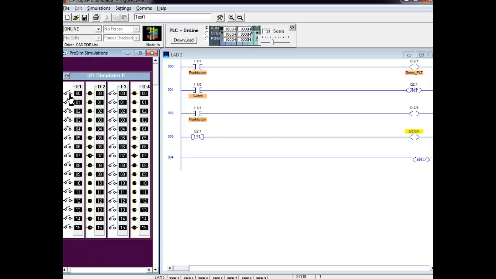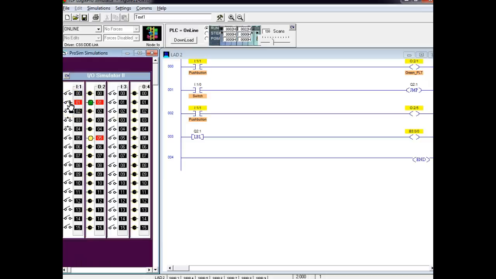So what I'm going to do is, right now, 2.5 is off, right? The LED is off. And I'm going to come over here and turn it on.